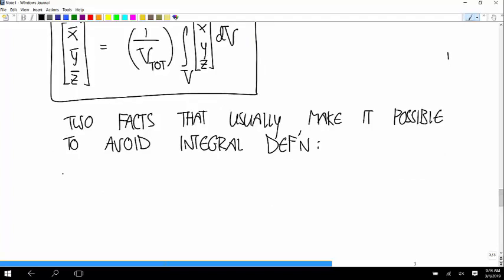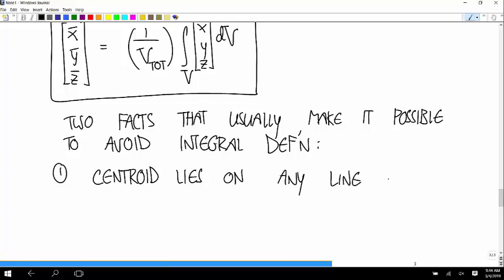The first one is that the centroid lies on any line of symmetry in 2D or plane of symmetry in 3D.